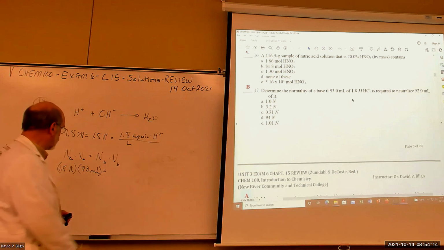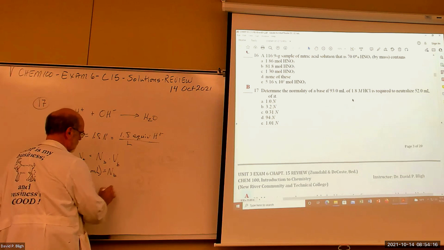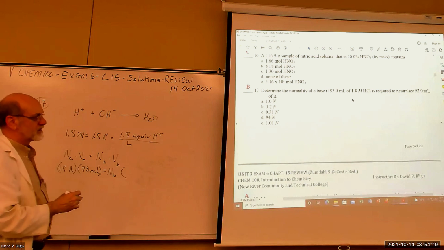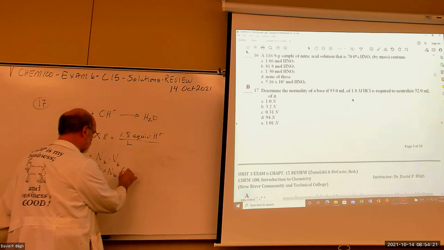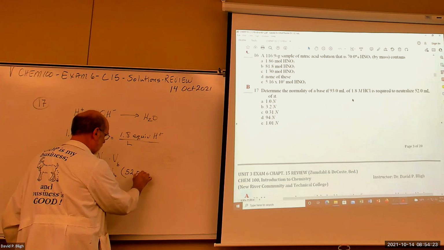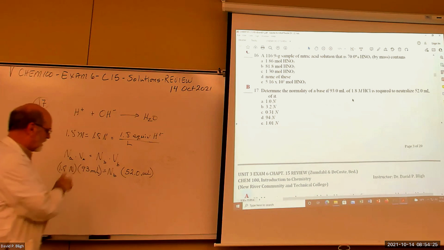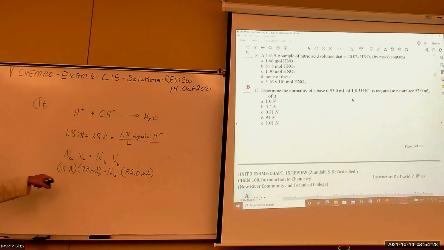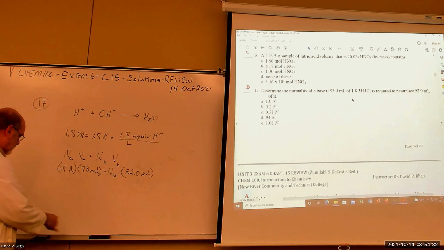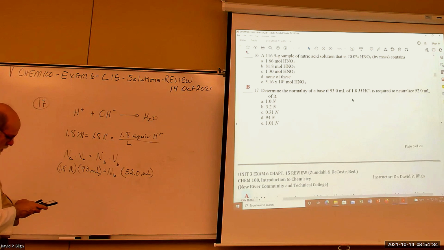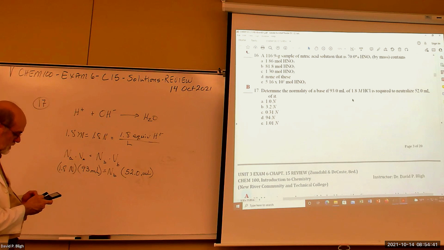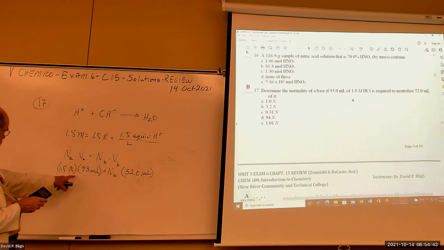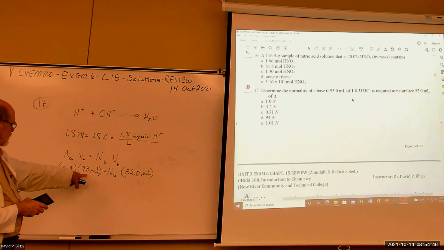What's the normality of the base? We don't know. That's unknown. What's the volume of the base? 52 milliliters. Okay. This is the thinking part. Now we're just crunching numbers. So 1.8 times 93 divided by 52 is, let's see, three significant figures.